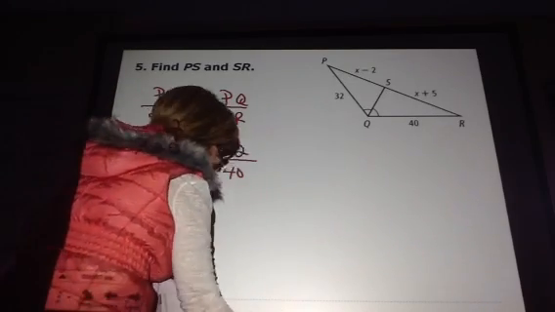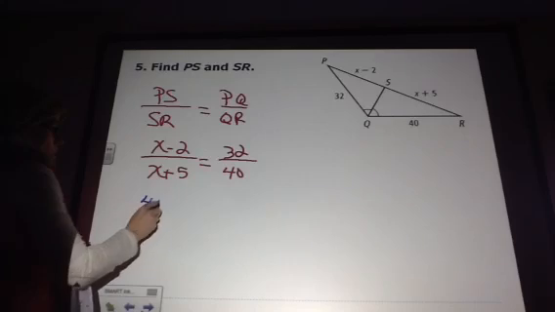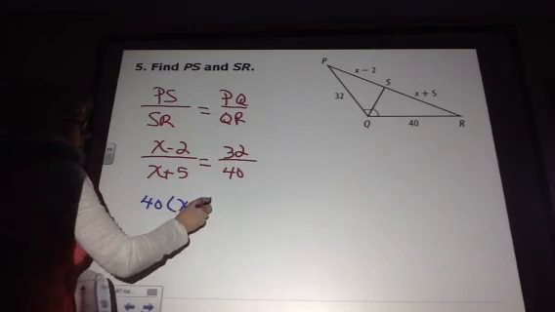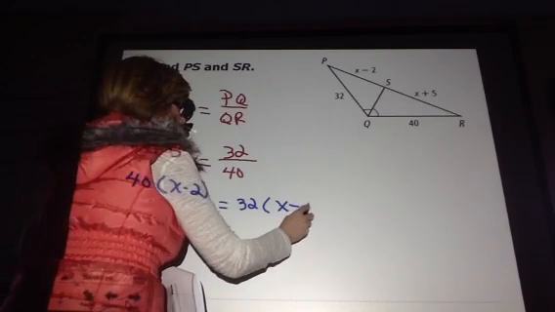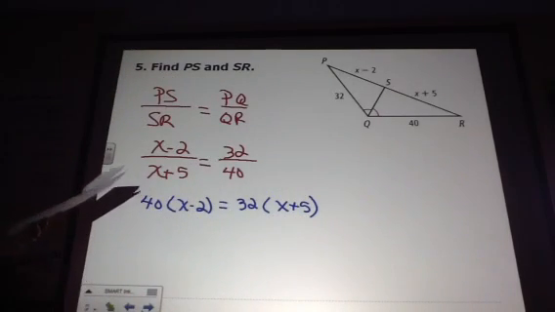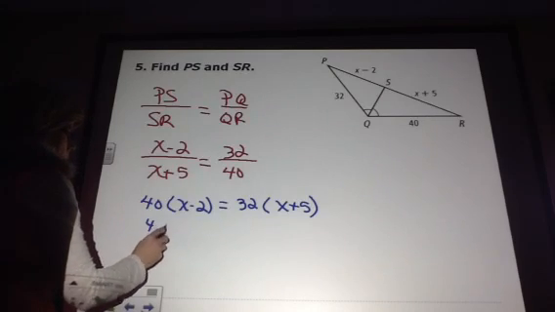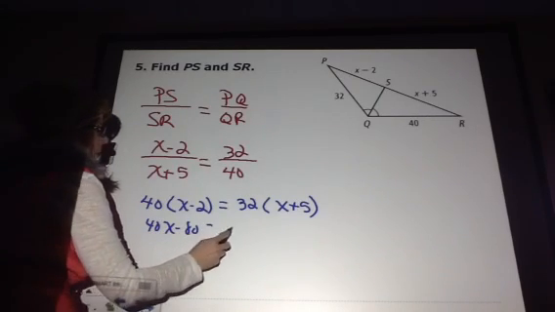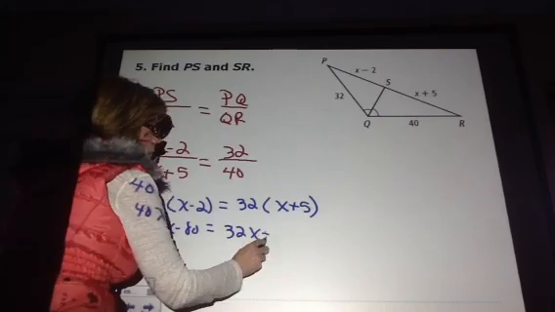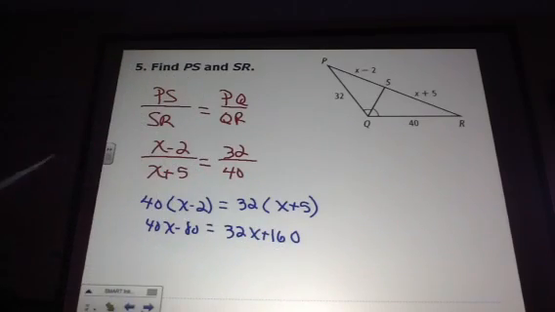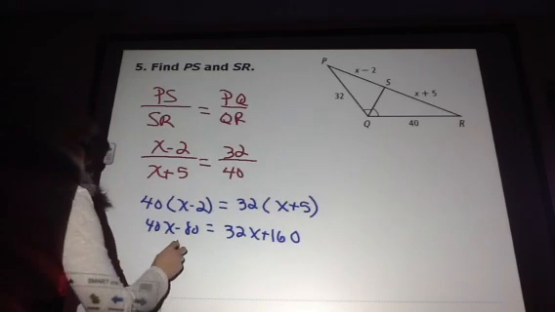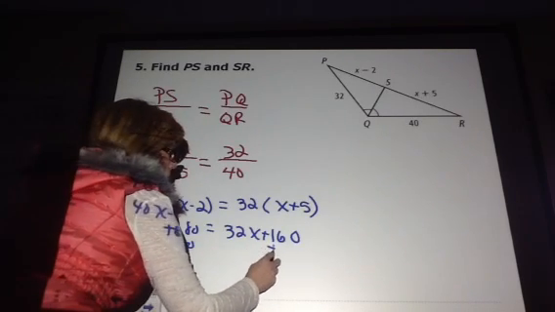Okay. Do your cross product. So we have 40 times x minus 2 equals 32 times x plus 5. All right, we need to distribute. So we have 40x minus 80 equals 32x plus 160. All right, we're going to add 80 to both sides.